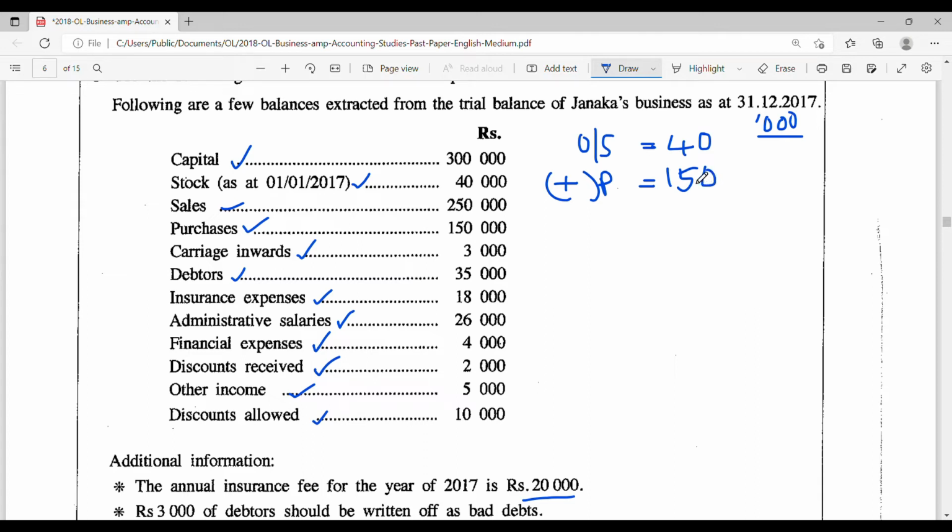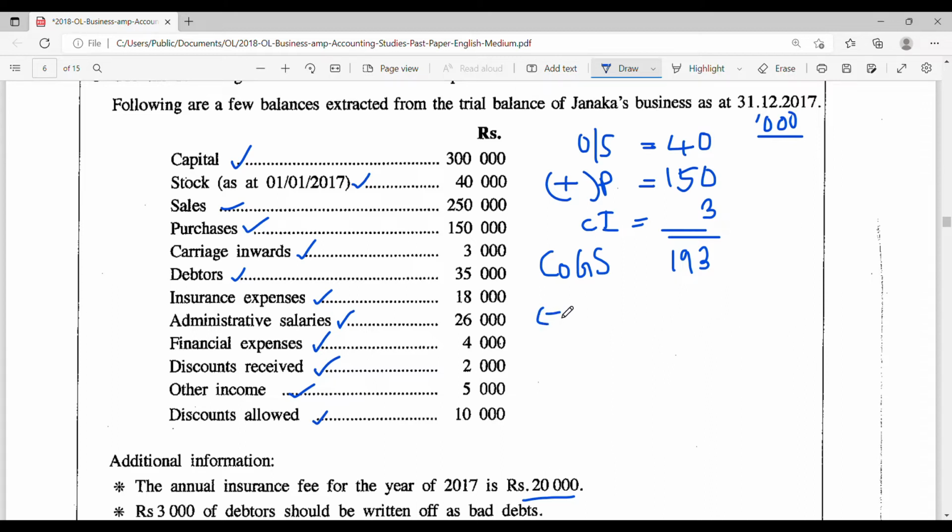We also saw carriage inwards, so you need to add that as well, which is 3,000. So what is the total? That will be cost of goods to be sold, which is 193,000.